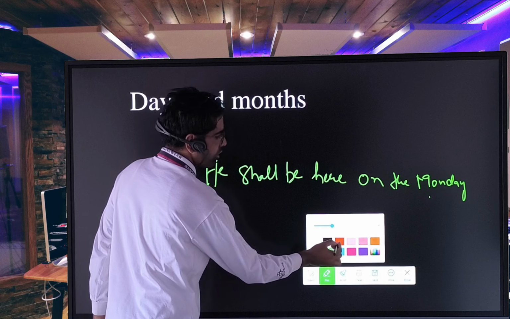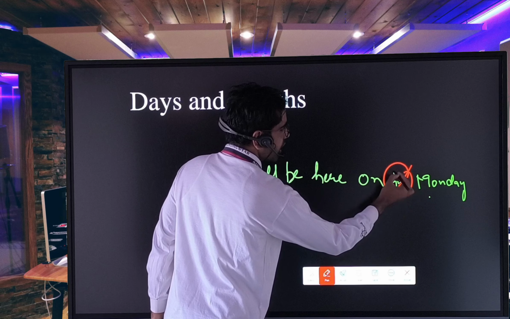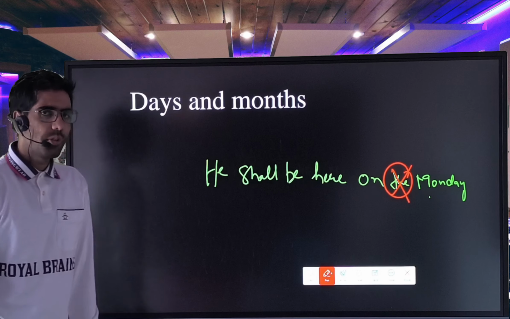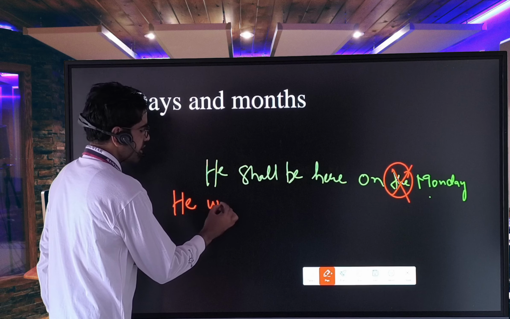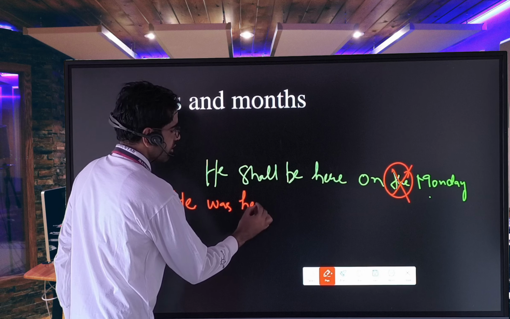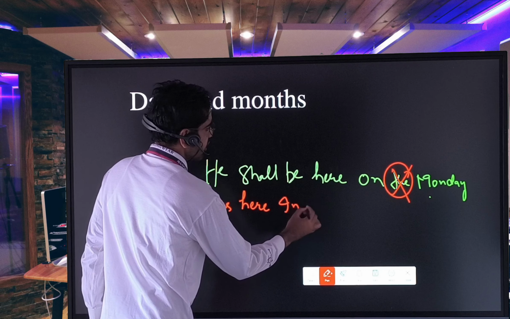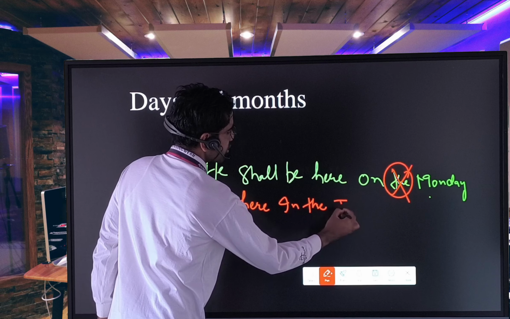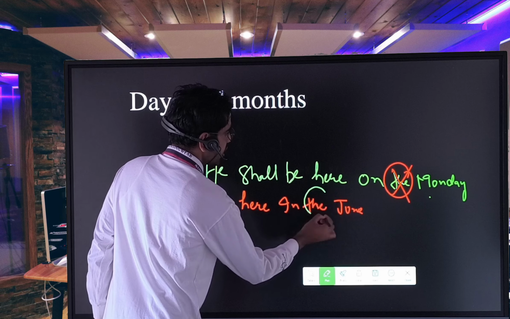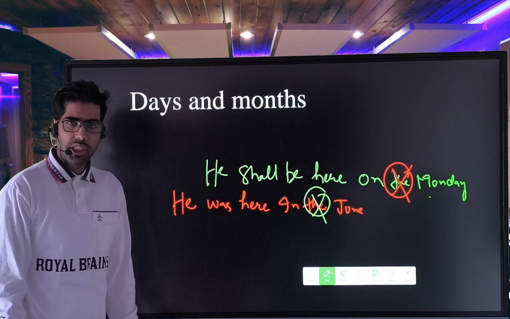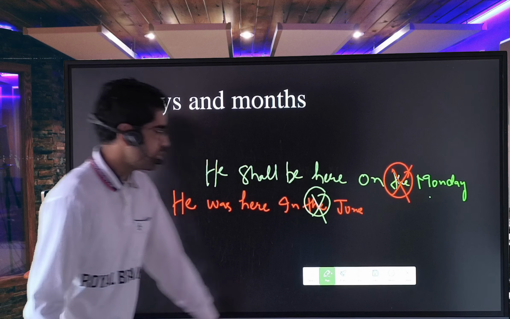He shall be here on the Monday. Incorrect, is it? Because with days don't use any article. He was here in the June. He was here in the June. Incorrect. With months don't use any article. Got it, dear students?